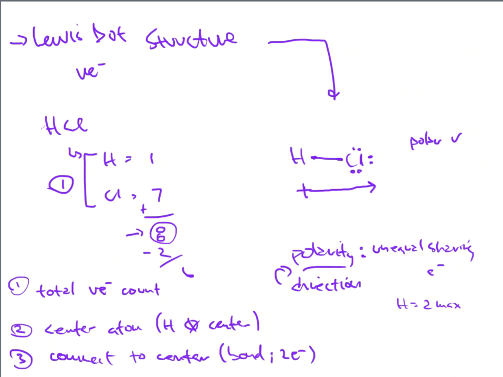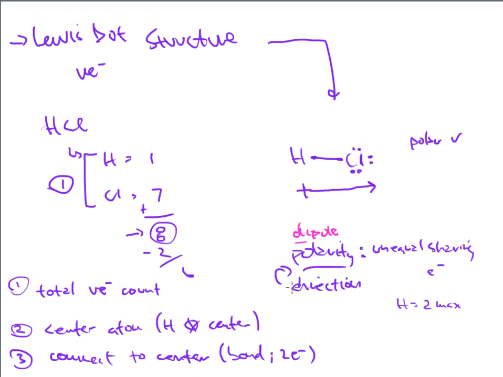The other term that they will use here, if they don't use polarity, is the word dipole. Di means two, pole means polarity, which means a positive and a negative. So if they don't use the word polarity, they could use the word dipole. Dipole basically means the same. It's an unequal sharing of electrons.